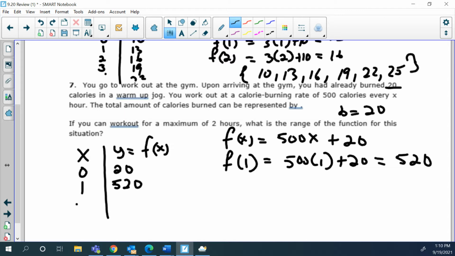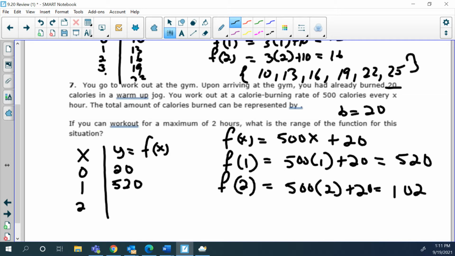After the second hour now, how many calories have you burned? Well, let's do that. I want to find f of 2, so I'm going to replace x with 2, and so that's going to be 500 times 2 plus 20, and that's going to give me, well, 500 times 2 is 1,000, and plus 20 is going to give me 1,020 calories.